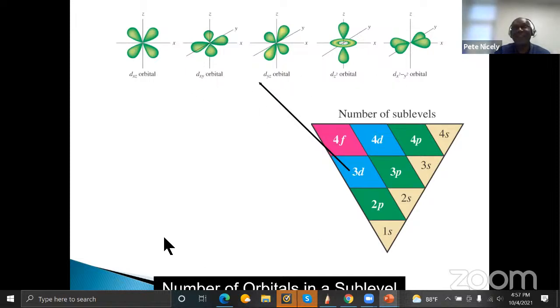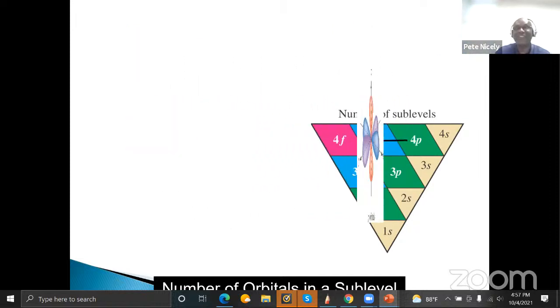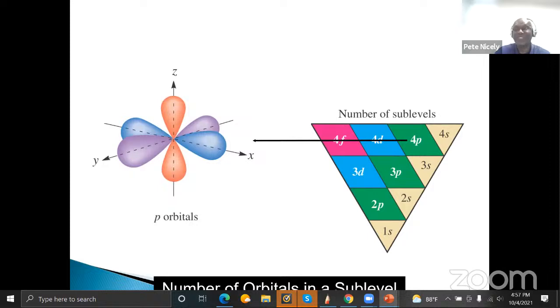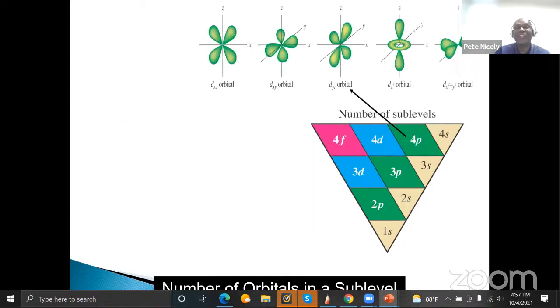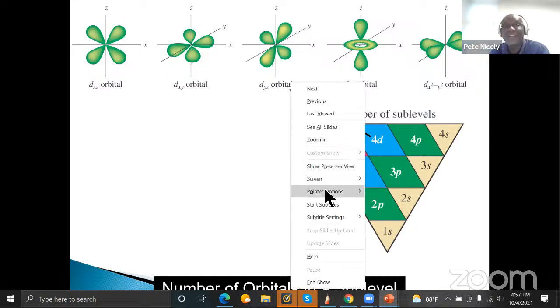And then we get to the fourth energy level, which contains the 4s orbital, the 4p orbitals, the 4d orbitals, which we talked about, and then we have the 4f orbitals, which I won't even show you because their shapes and arrangements are even more complicated. But you need to recognize that in the case of the 4f sublevel, there are 7 orbitals.